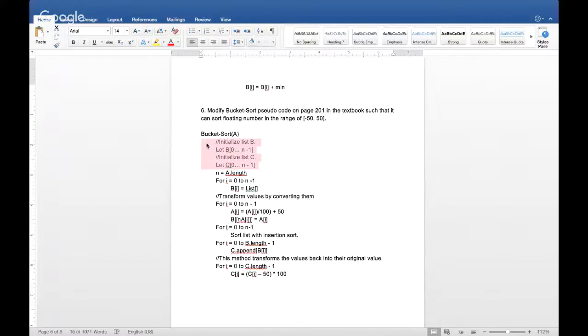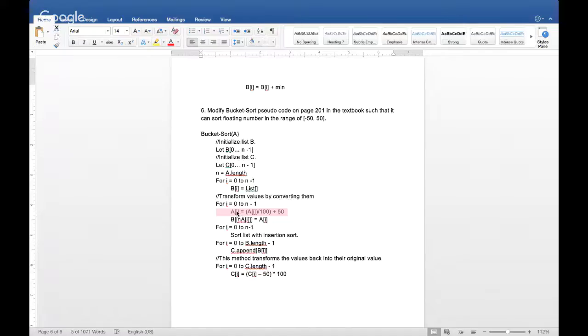Besides us having an extra array, what we do here, let me just find where, here it is. So once again, before we sort and create the buckets, right here is where that is done. Here is the extra step.